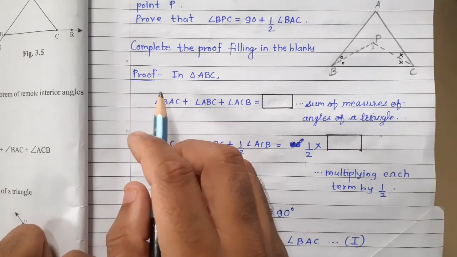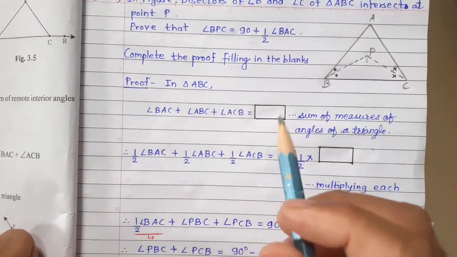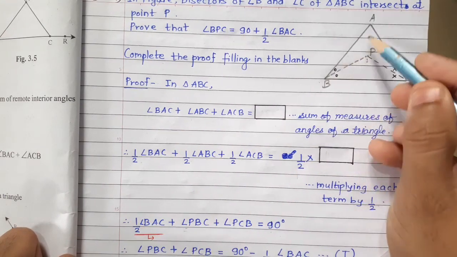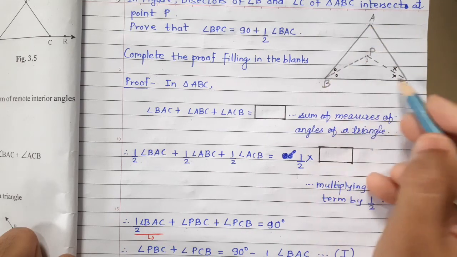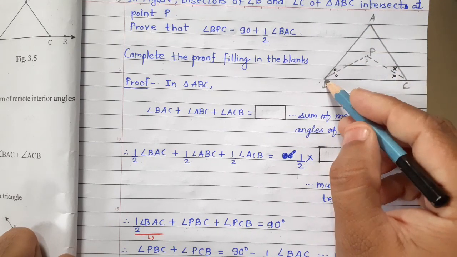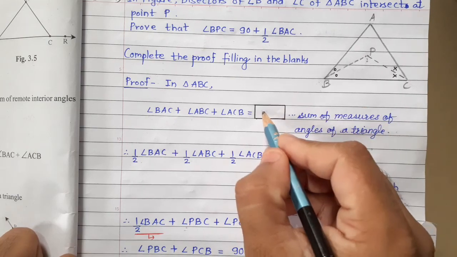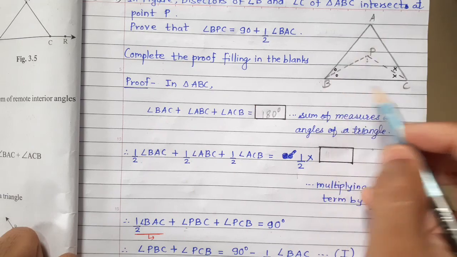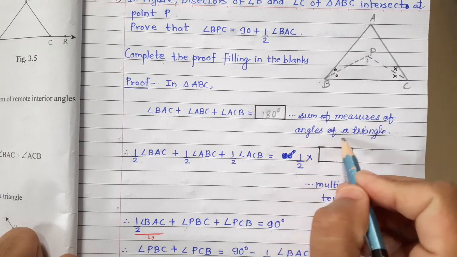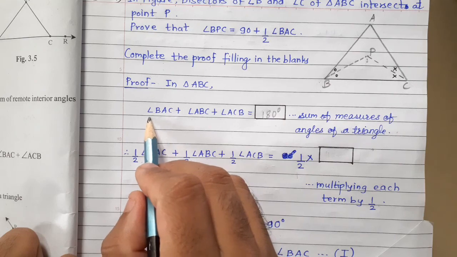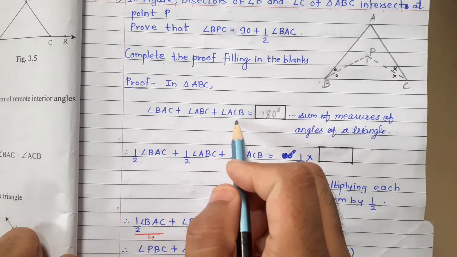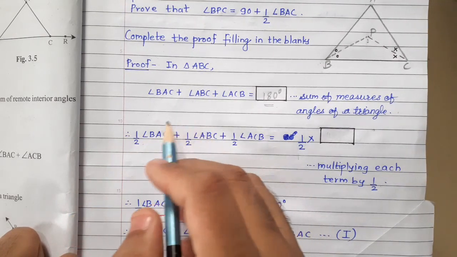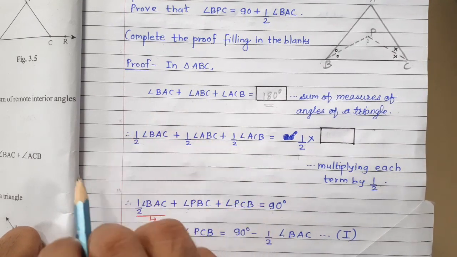Proof: in triangle ABC, angle BAC plus angle ABC plus angle ACB is equal to 180 degrees, because these are the angles of triangle ABC, and we know that the sum of the measures of the angles of a triangle is 180 degrees. Now multiply by 1 upon 2 on both sides.